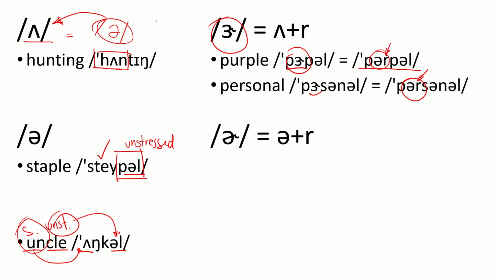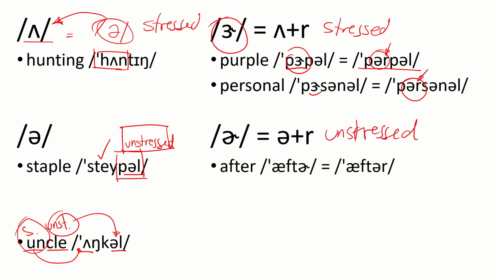And now some dictionaries also use this other version for the schwa R, but this is unstressed. So we've established that this is stressed. It occurs only in stressed syllables. This is unstressed, and this is unstressed. So for example, right here, after, this is called the hooked schwa, because it's the schwa and a little hook, a little tail or something like that.